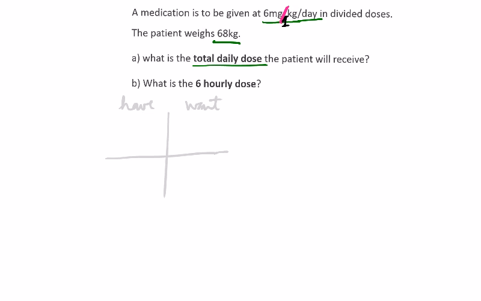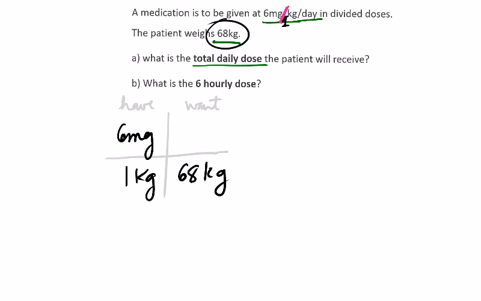It's the two quantities connected as a ratio, 6 milligrams per 1 kilogram of body weight. Now the weight of the patient is 68 kilograms, so that needs to sit on the bottom because we want the matching units, and it's kilograms of body weight. That's why it doesn't sit on the milligram, which is the quantity of drug.